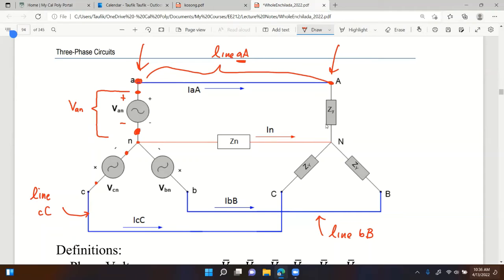First of all, we have this line to line from A to B. So from here, I have a line to line voltage that appears from line A lowercase to line B lowercase, or from node A lowercase to node B lowercase. This represents the first line AA, and the second one represents the second line BB. So I have the voltage from this line to that line right there.